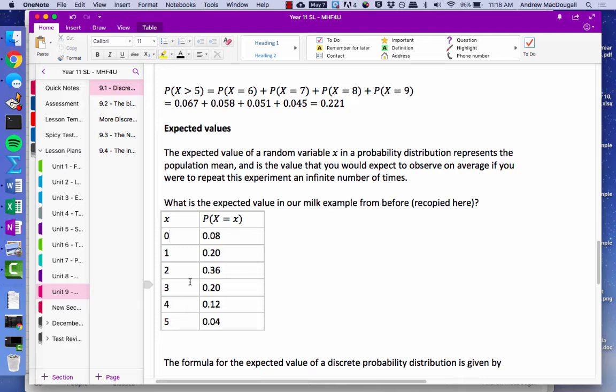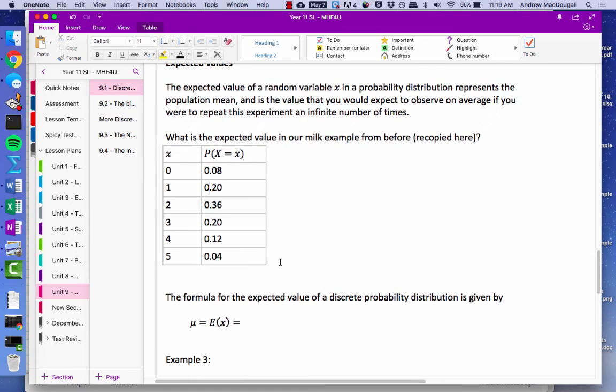On average, if I kept picking families, how many liters of milk would they consume? Look, between 1 and 3 there's a 76% chance a family drinks somewhere between 1 and 3. So I expect the average number of liters of milk consumed per family would be somewhere between 1 and 3. But we want to find out for sure.